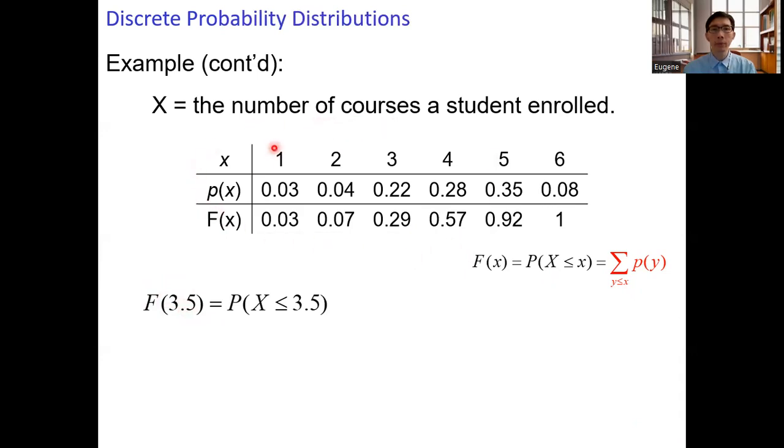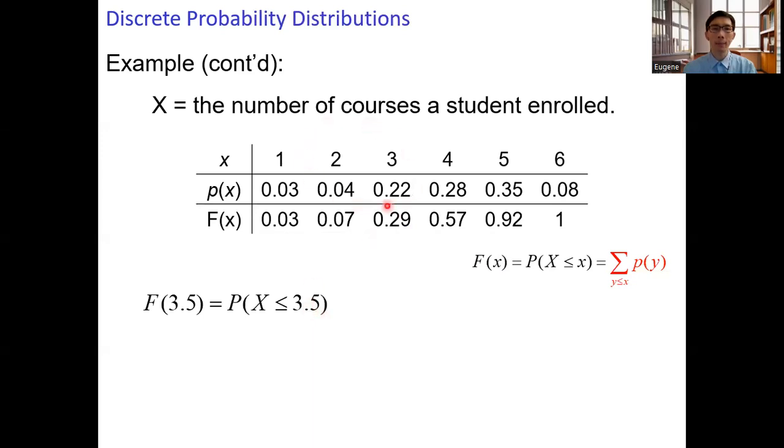In our example, X must be an integer. X equals 1, 2, 3, 4, 5, and 6 only. Then what is the CDF evaluated at 3.5? By definition, it is equal to the probability that X is less than or equal to 3.5.